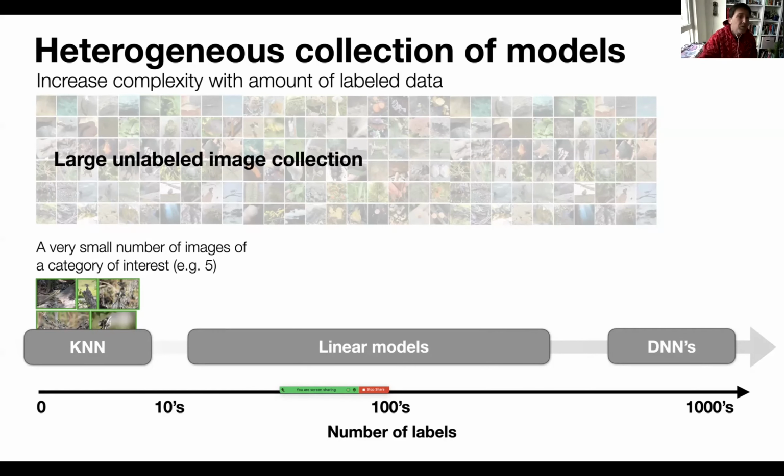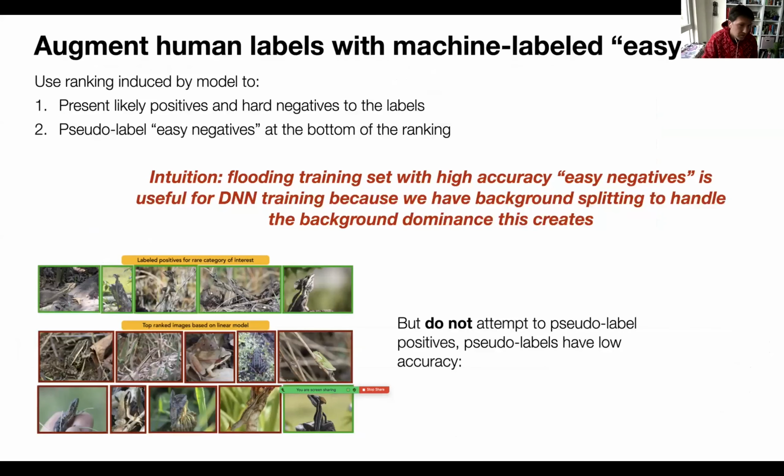Then as we get a few more positives, we ratchet up to linear models, and ultimately, hopefully, to DNNs, and then that flywheel can really start turning. So our workflows are bootstrapped by the simplest models that can do anything.